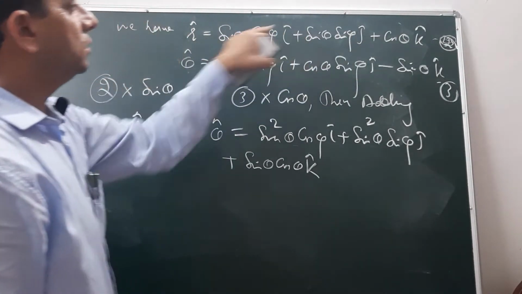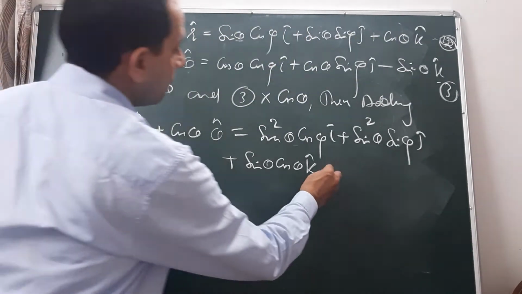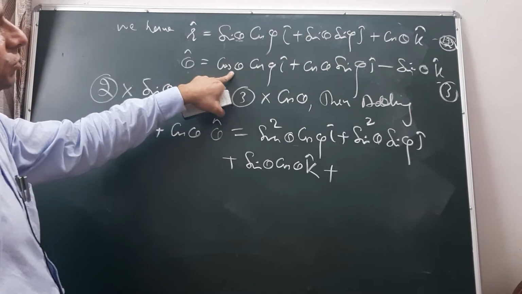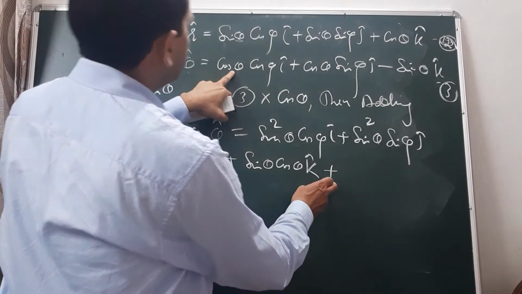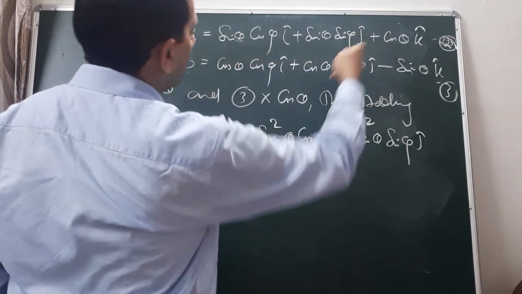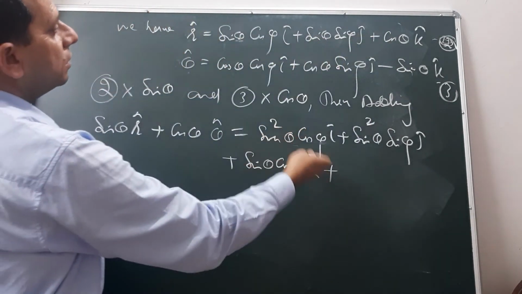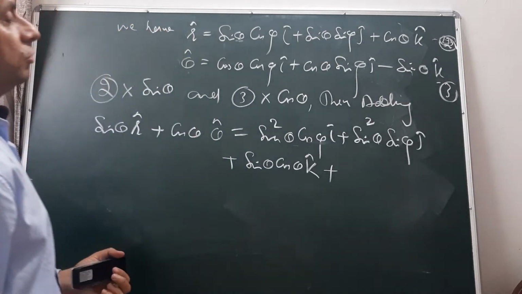So, multiplying with sin theta, and then equation number 3, multiply with cos theta and add. First of all, I have written all 3 components of the second equation, then 3 components of the third equation.